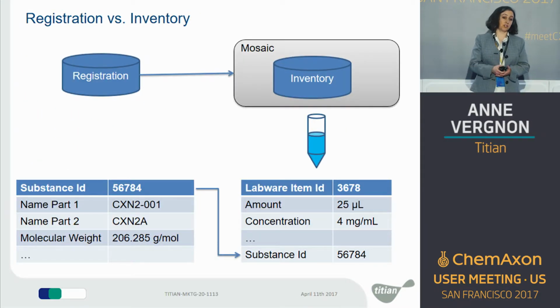This is a representation of what I just talked about. On the left-hand side, you have the registration with all the properties associated with the substance. On the right-hand side, you have Mosaic inventory tracking, where you can track all the container information. The substance ID, and possibly other properties, link the two databases.